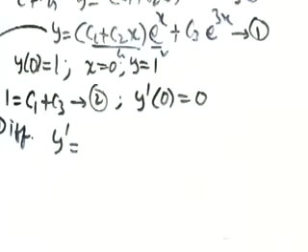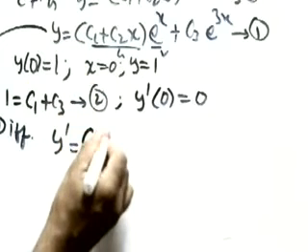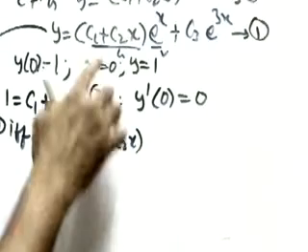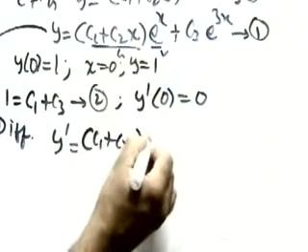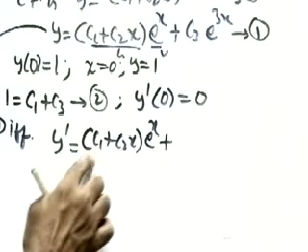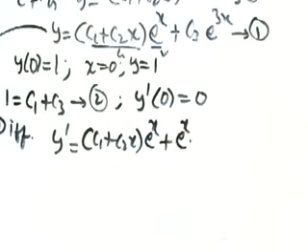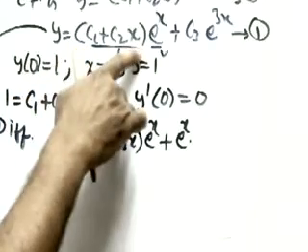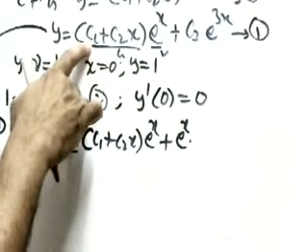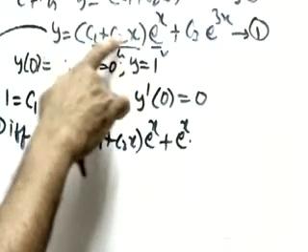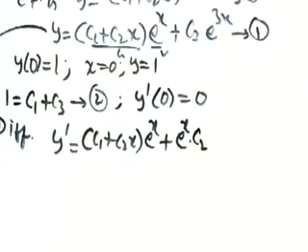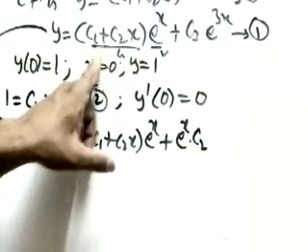We know the differentiation of uv is u d by dx of v plus v d by dx of u. Watch carefully: u means c1 plus c2 x. d by dx of e power x is e power x. Plus v, meaning e power x, into d by dx of u. When you differentiate this, c1 is constant, 0, and the differentiation of x is 1, so 1 into c2 is c2. You will get c2 here.